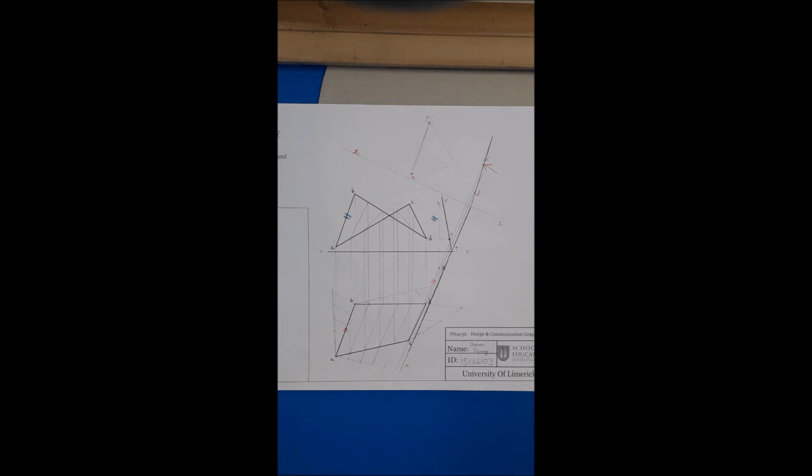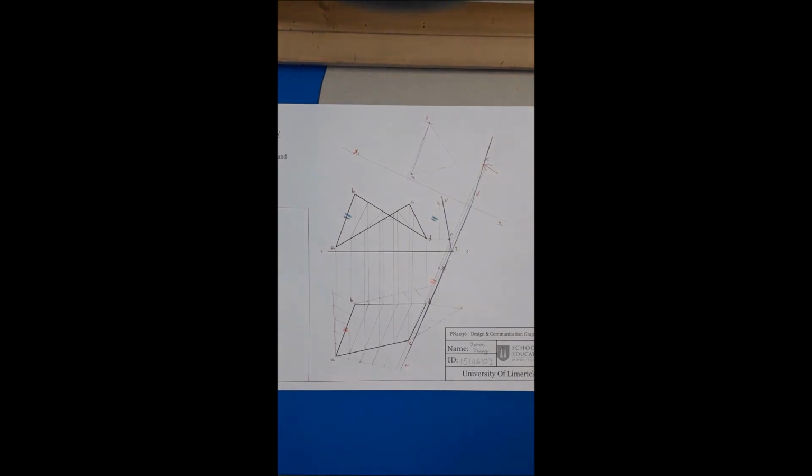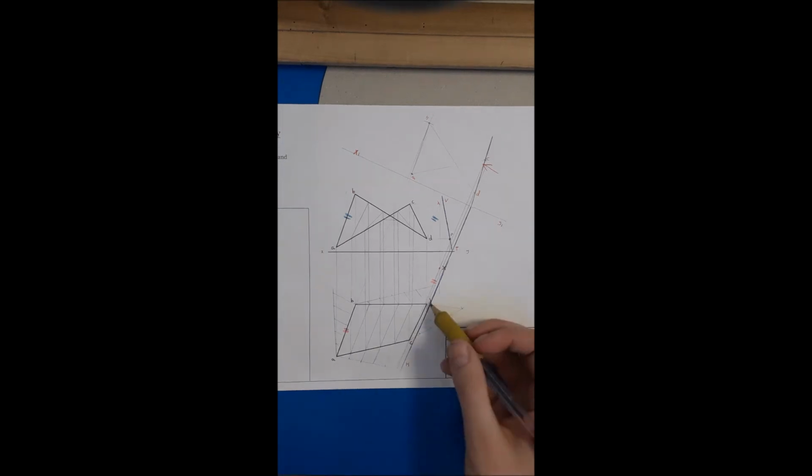So we have to extend the edge view of the plane director to hit the X1, Y1 line. The vertical trace is found by using a point on that plane director. As an example, you can use either point C or point D, as you can see there.